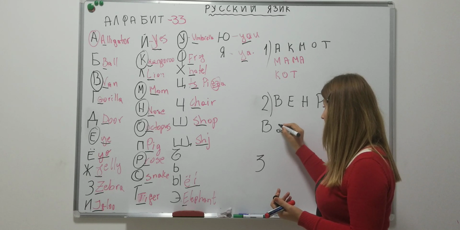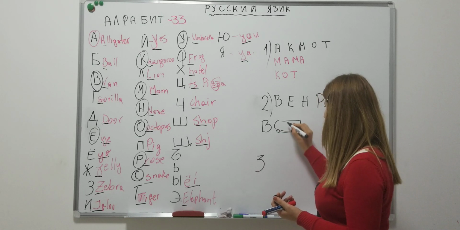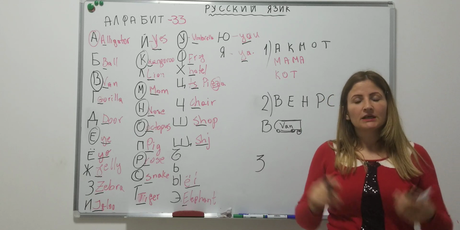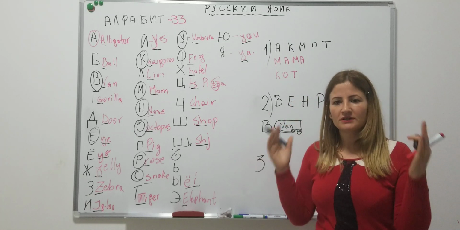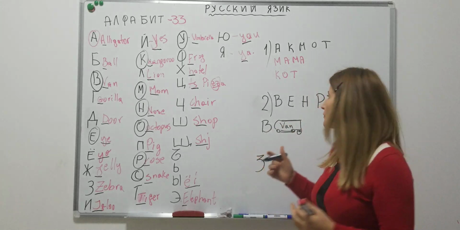So you do it. I'm drawing a van, guys. I don't know, does it look like a van? Something like that. So van, until I got used to the fact that this is V.